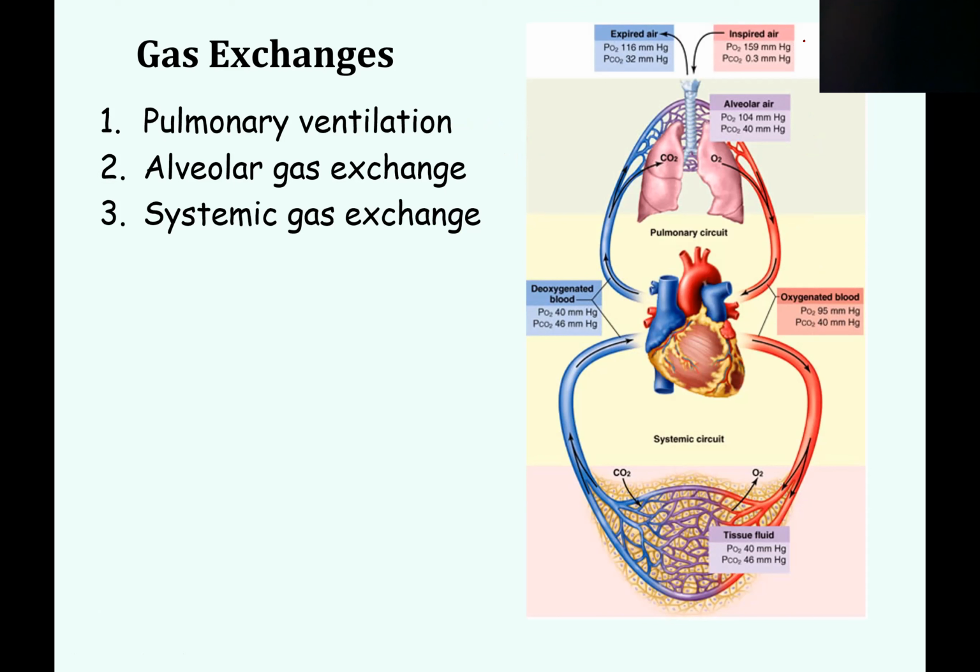Pulmonary ventilation exchanges gases between the atmosphere and the alveoli. But this is the product here. This is what's going to be, no, that's right. The product is going to be what we expire.